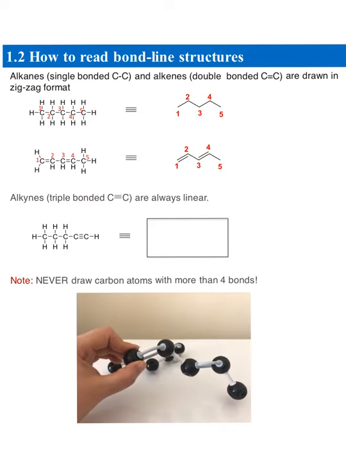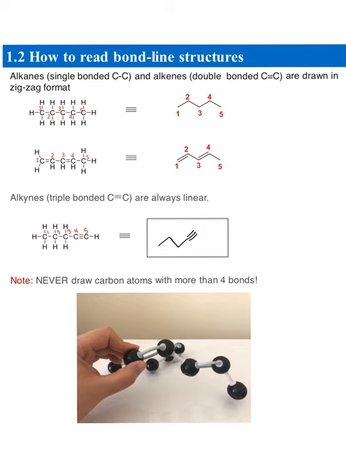Okay, so to draw the structure of the third molecule, let's first number all the carbons. This is carbon 1, 2, 3, 4, and 5. Carbon 1, 2, and 3 are in a zigzag format. Then we have carbon 4. There is a triple bond between carbon 4 and 5.